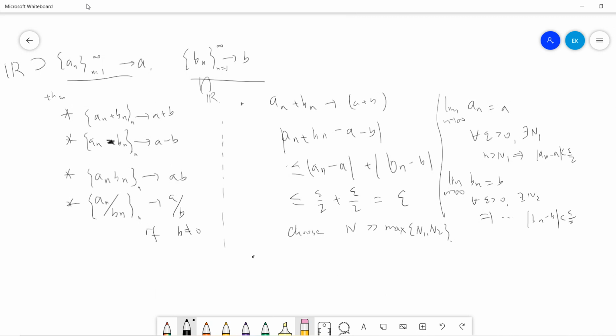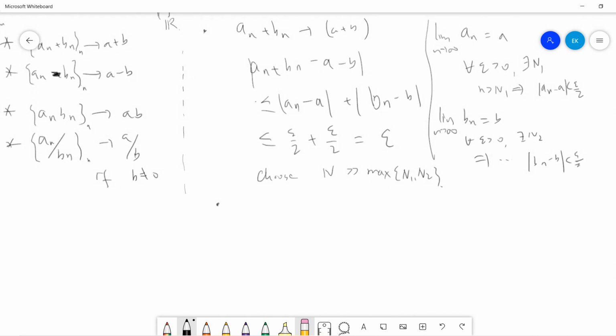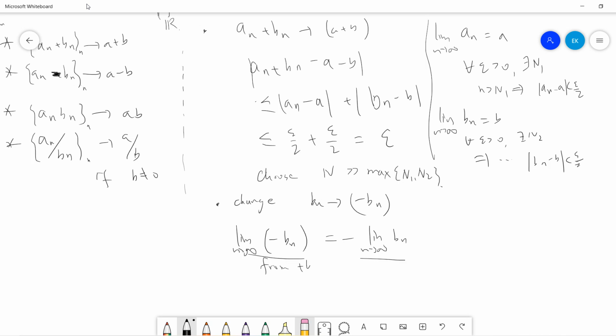Okay, so the second one says that a_n minus b_n goes to a minus b. The idea to prove it is that we just change b_n to negative b_n, so all we need to do is prove this one, and that just follows from the definition.